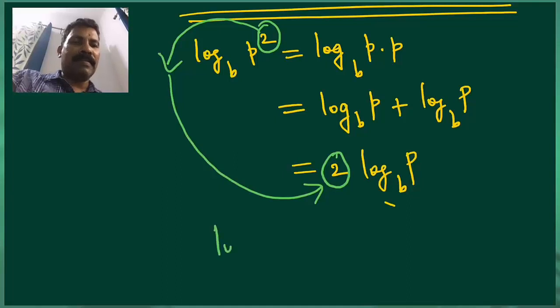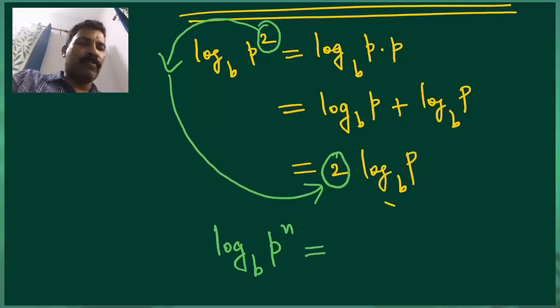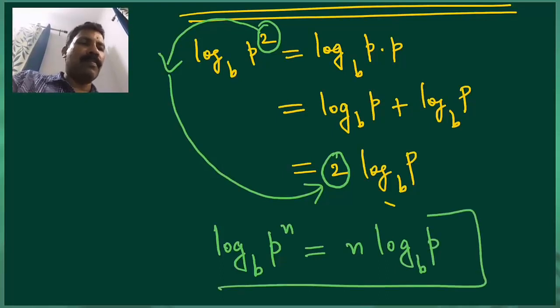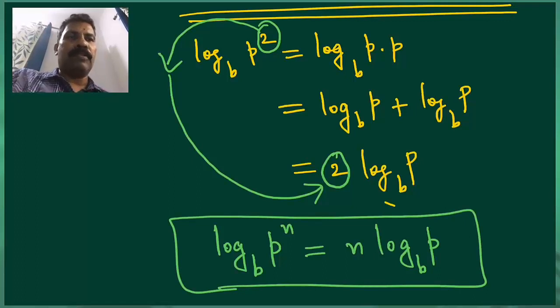So we can generalize: the logarithm of p power n to the base b can be written as n times the logarithm of p to the base b. This is a very important rule, so we have to recollect it. That is, the logarithm of p power n to the base b equals n times the logarithm of p to the base b.